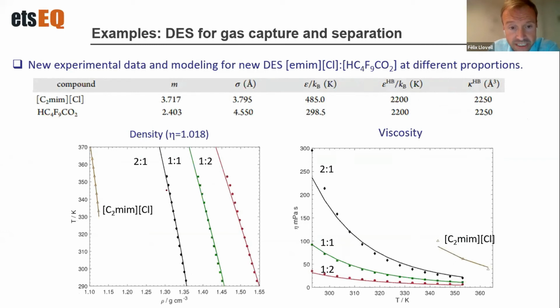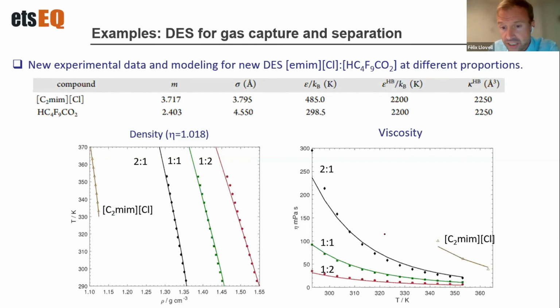Here we can see that the density at three different proportions was very well described. Remember, all the time, symbols are experimental data, lines are calculations, and here we have also the calculation of the pure, in this case, already ionic liquid, because it starts being liquid at this temperature, which was very well described also.